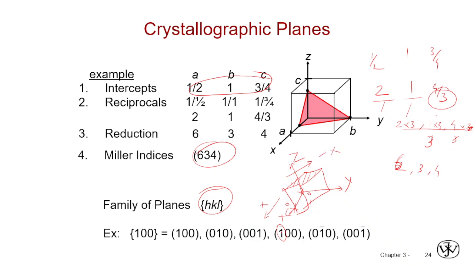Since 1 bar is negative over here, and we have shifted the origin here, this will be our 1 bar, since the origin is shifted here.